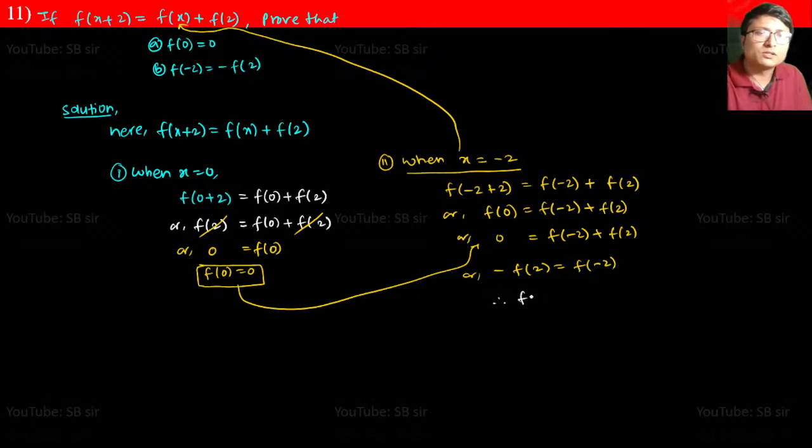Therefore, f(-2) = -f(2). This is proved here. I hope you understand it.